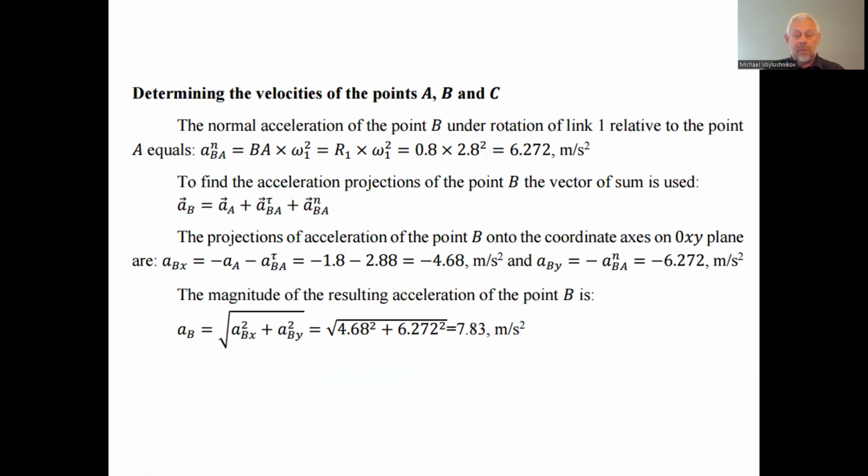The normal acceleration of point B in the rotation of the link relative to point A equals BA multiplied by the squared angular velocity of the wheel: the radius by the squared angular velocity.